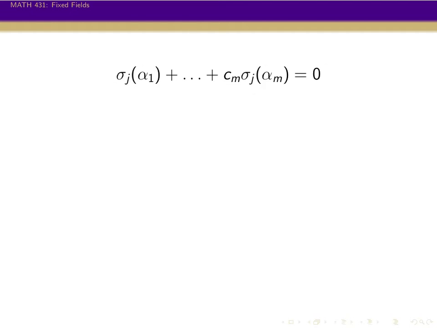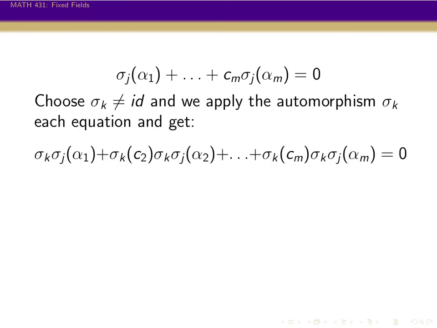Okay, so this now is how we have our equation written. And again, this is for all elements of G, all sigma j in G. Now we're going to choose one automorphism, sigma k in G. We don't want to pick the identity, so we're picking something else.